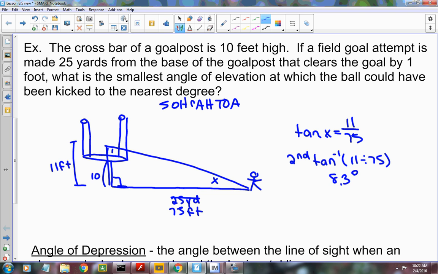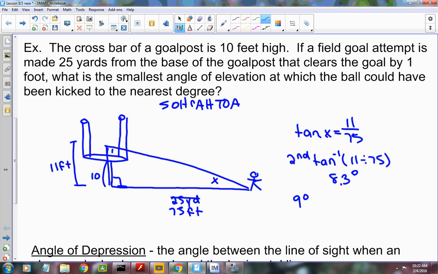Now it says to round to the nearest degree. If I followed my rounding rules, I would put 8 degrees. But if I'm wanting to clear it by at least a foot, should I go down with my angle or should I go up with it? You should go up with it. So he would need to kick it at least a 9-degree angle.